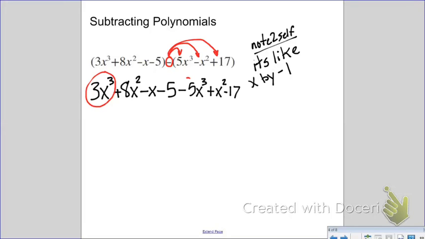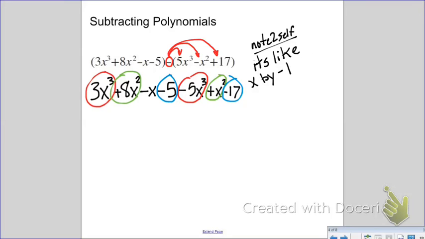I have a 3x cubed and a 5x cubed. I also have an 8x squared and a 1x squared. Then I also have a negative 5 and a negative 17.